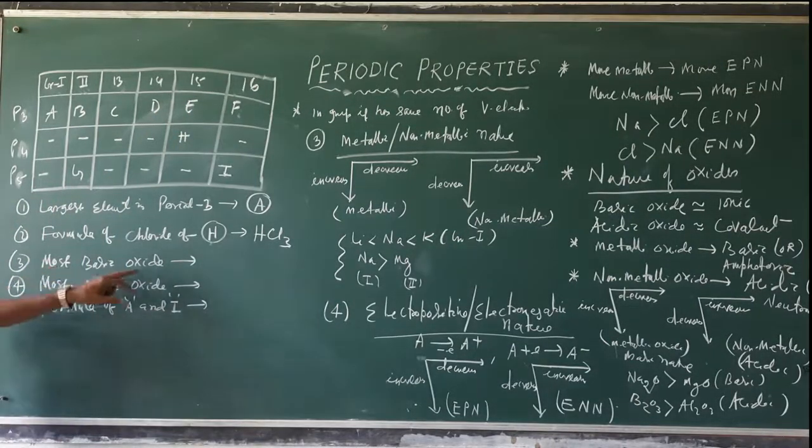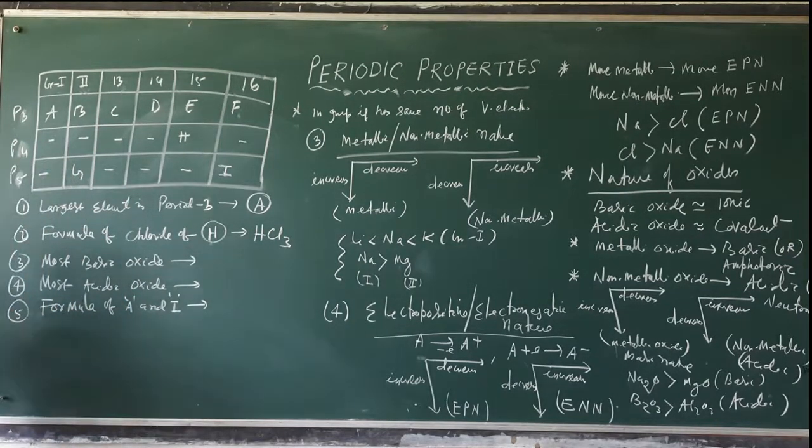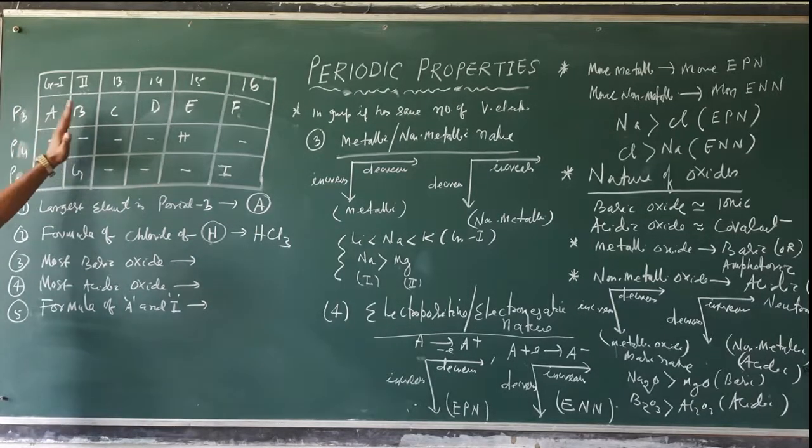Similarly, most basic oxide. Basic oxide means you have to move to the left side. Which will produce the most basic oxide? Group 1. Group 1 is more metallic than group 2.